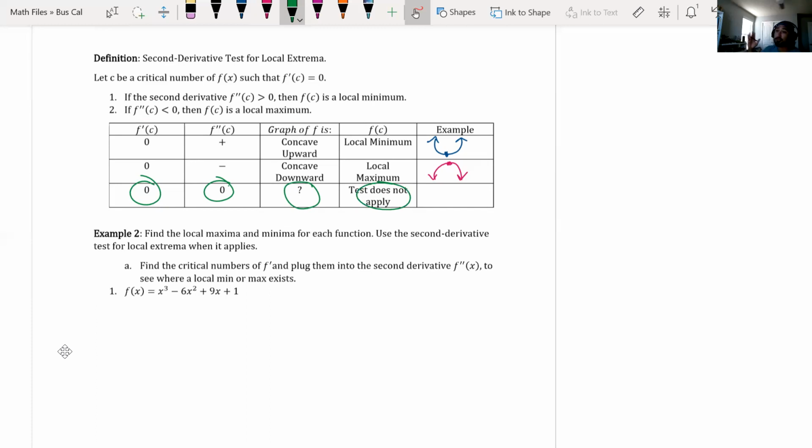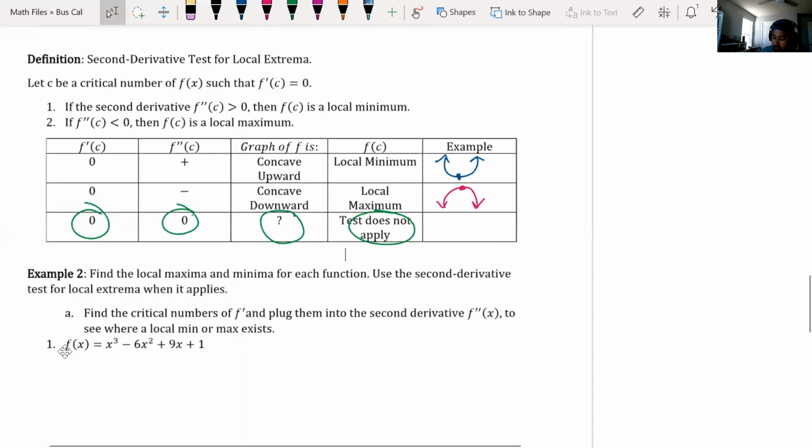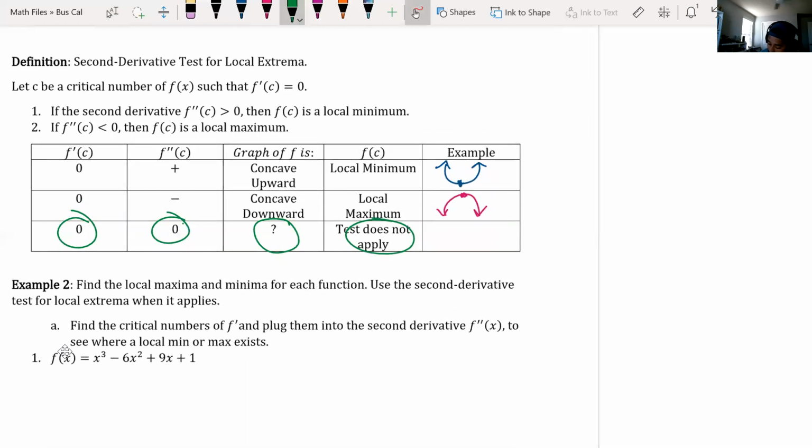And if you fail the second derivative test, you have to go old school and make a sign chart. Not all shortcuts work. If your second derivative test fails, you have to make a sign chart, pick test numbers, find intervals of increase and decrease, and then find that local max or min. Unfortunate, right?